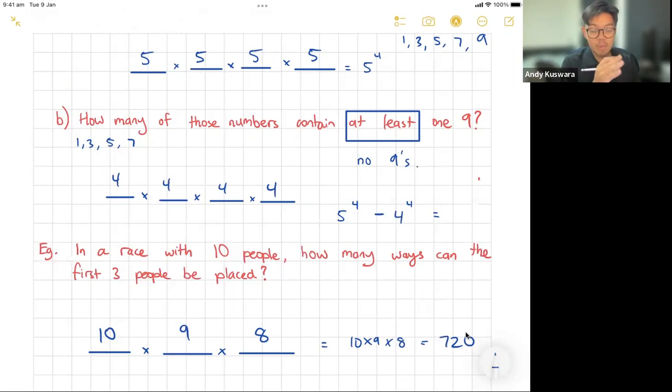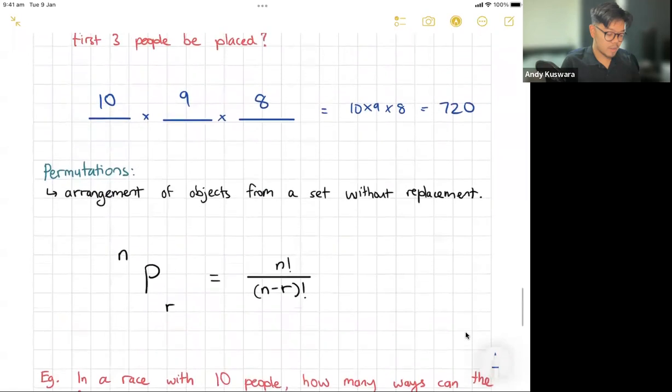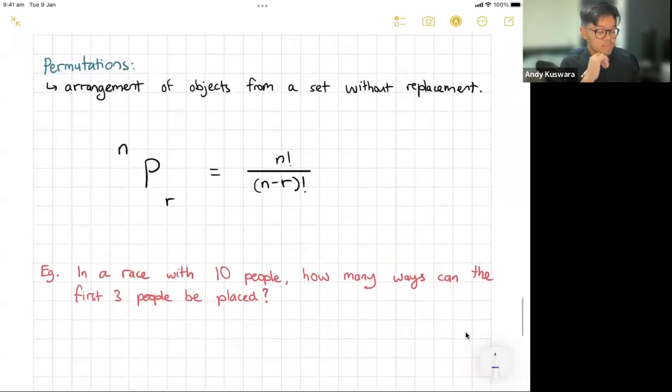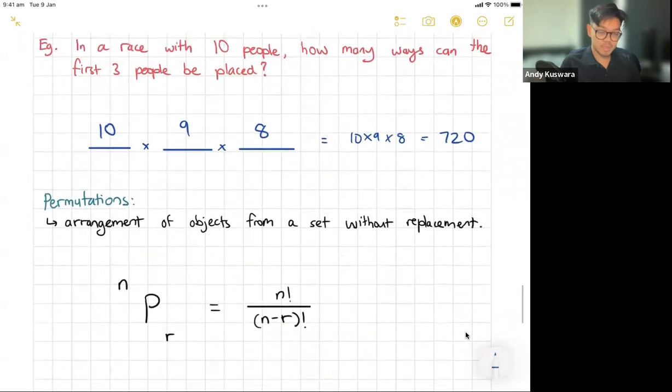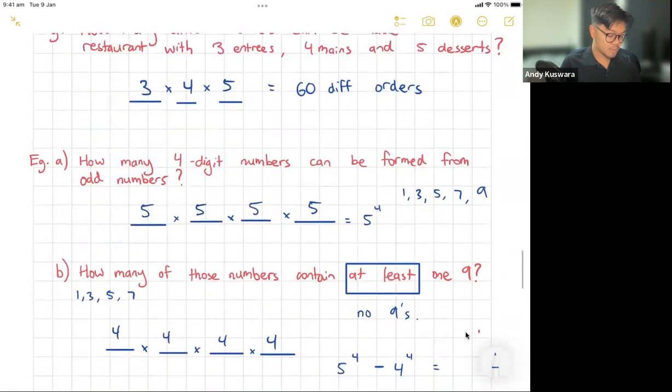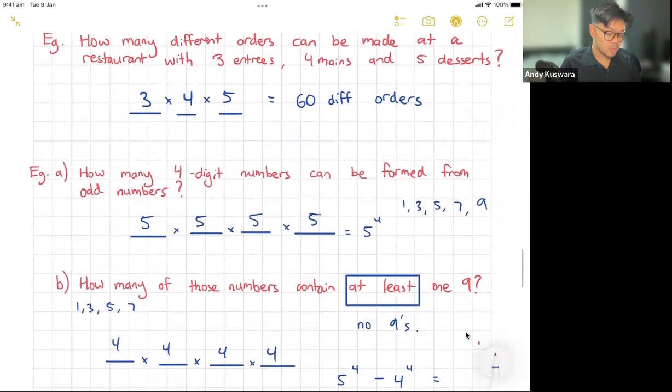Okay, now that's what we're getting at today. We're going to talk about permutations. Permutations is exactly what this last example was. The first examples that we had were more about finding the number of different orders, or how many different ways something can be done.